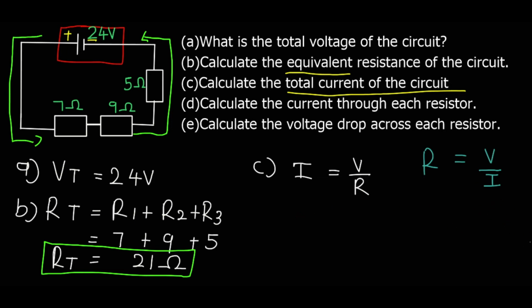And then because this question is about I total, we will use V total and R total. Therefore, our I total is equal to V total, and V total we found is 24 volts, and our R total we found is 21 ohms. So we will have 24 divided by 21, and 24 divided by 21 is 1.14 amperes, the unit of current.